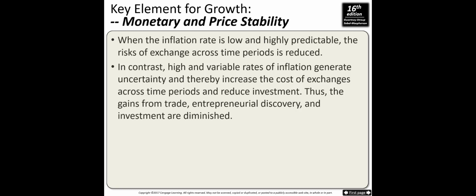When the inflation rate is low and highly predictable, the risk of exchange across time periods is reduced. In contrast, high and variable rates of inflation generate uncertainty, thereby increasing the cost of exchange across time periods and reducing investment. Thus, the gains from trade, entrepreneurial discovery, and investment are diminished.